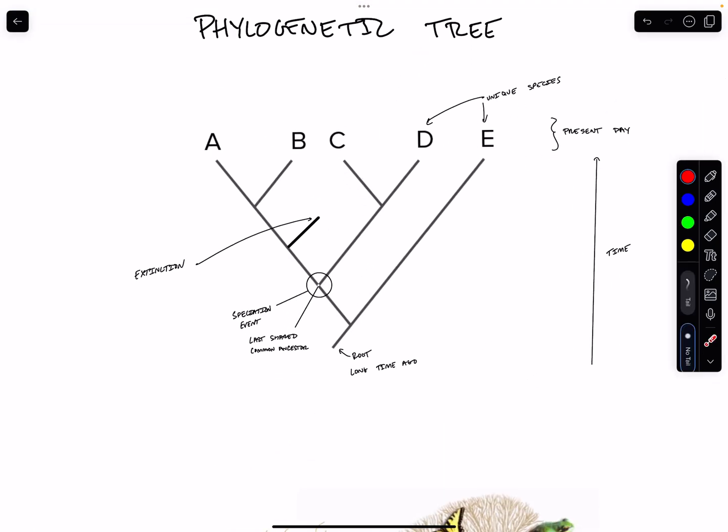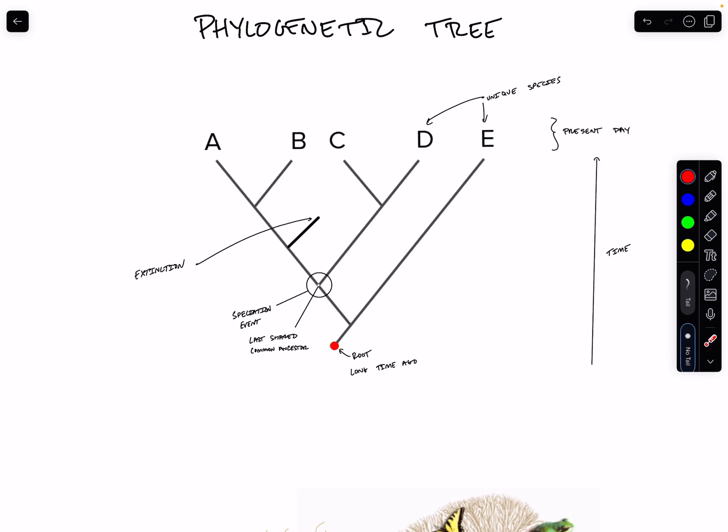Okay, something that I want to point out that you'll hear all the time is people will talk about species being highly evolved, and they usually mean it in a sense that the organism is maybe more complex, and they've had more evolution happen. But the reality is there's a shared last common ancestor between all of us.